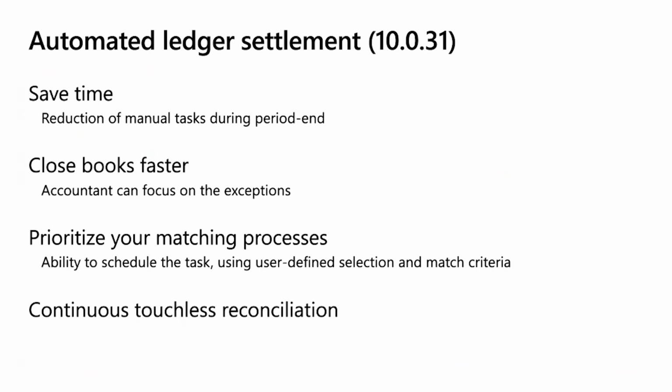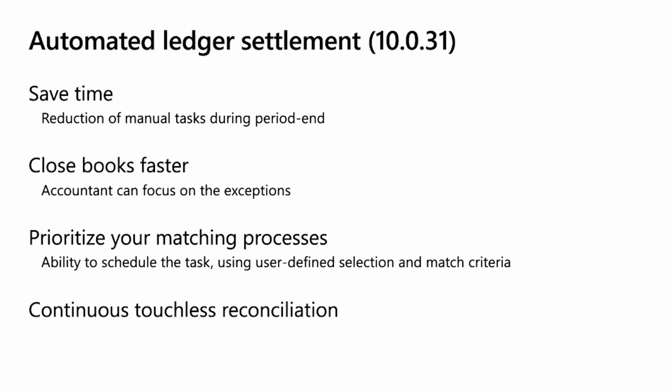There could be thousands of entries that they're walking through at the end of each month. And the whole goal of the ledger settlement process, as we mentioned earlier, is to remove that noise. That is, we want the accountant to just focus their attention on those entries that don't reconcile.